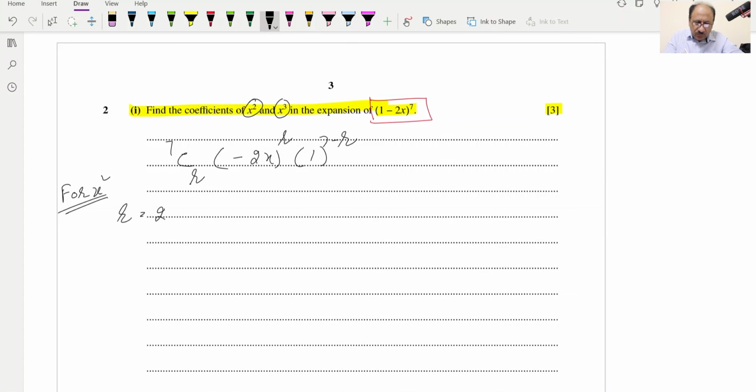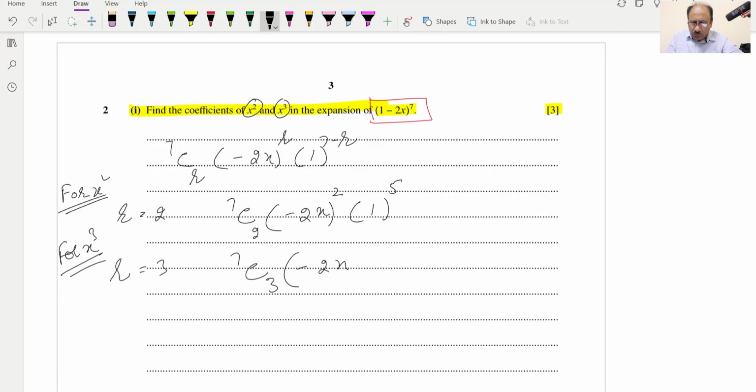So this means 7C2, (minus 2x) raised to the power 2, and 1 raised to the power 5. And for x cubed, we take r equal to 3. So 7C3, (minus 2x) raised to the power 3, and 1 raised to the power 4.